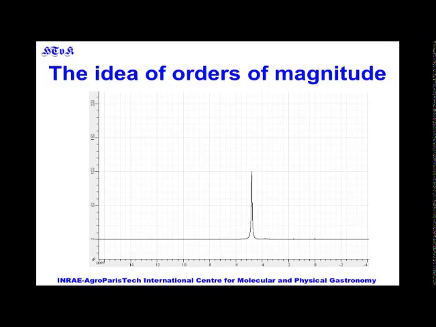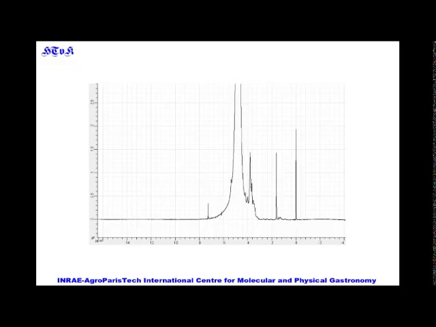Of course, coffee is not water, but we have to go into more details, which means we have to multiply the spectrum by 10, for example. And here is what we see. We see more signals, because indeed, coffee is not pure water. Okay. When we have done the job of describing at this level, we can go deeper and see even more signals. So this is the idea that we are going to keep.